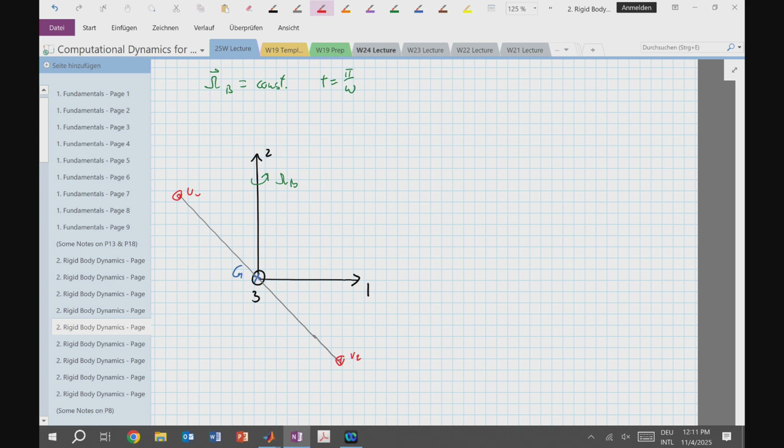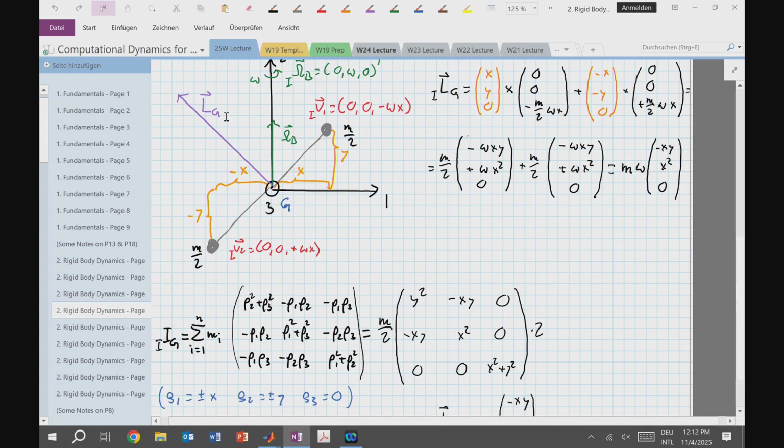This mass is moving this way, that mass is moving that way. This mass has impulse in this direction, so I get impulse cross lever arm, angular momentum that way. The same down here, so my angular momentum points this way. This is LG.